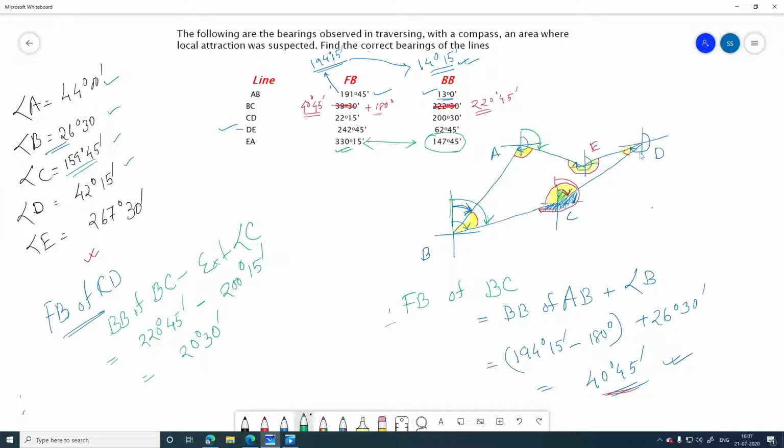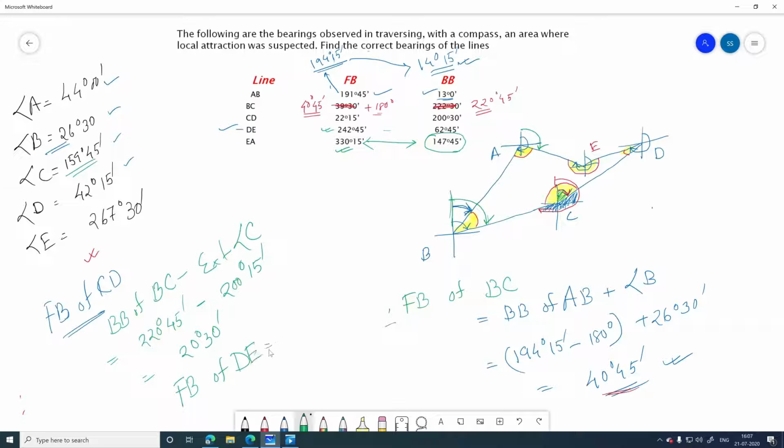Now the forward bearing of DE. Let's check whether the forward bearing of DE is exactly equal to 242 degree 45 minutes. It should remain the same because the line DE is free from local attraction. So let's check that.